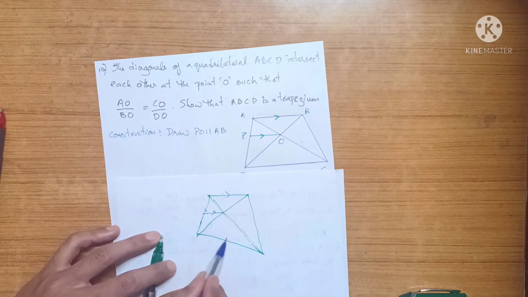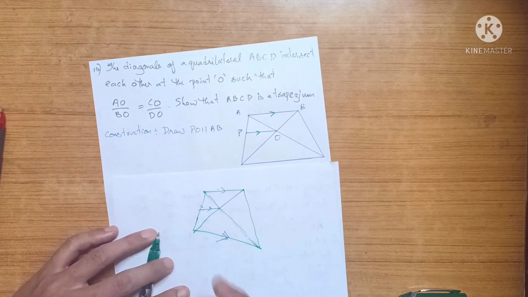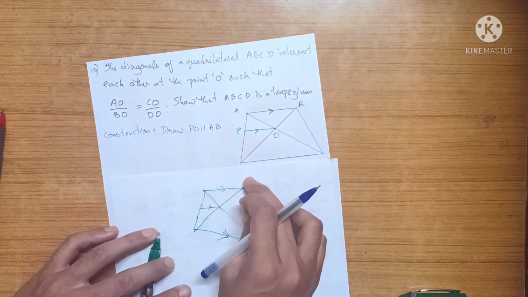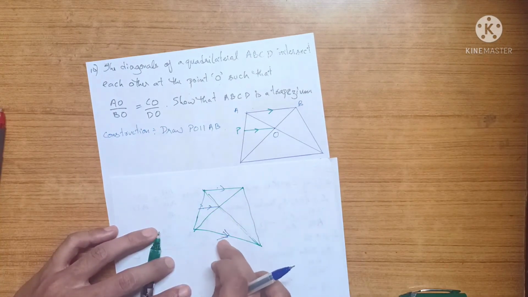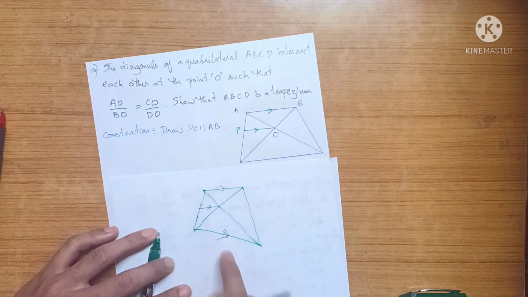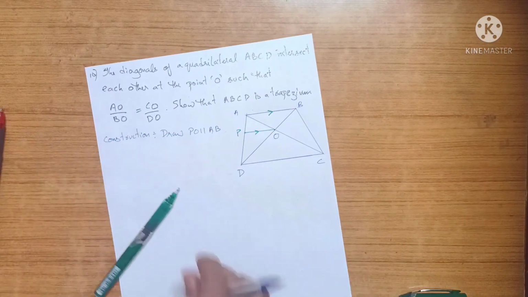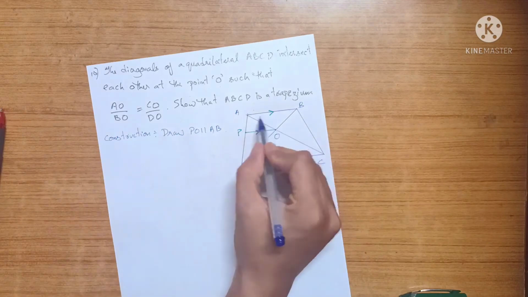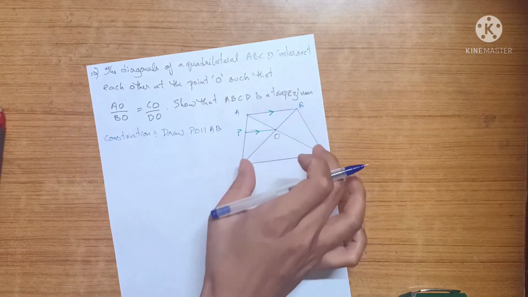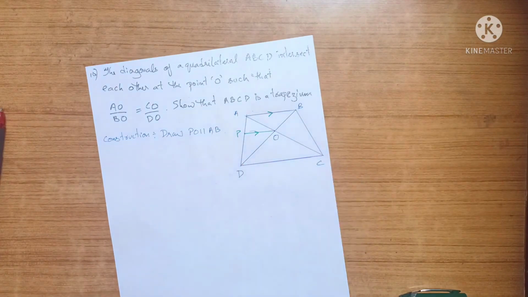This is going like this, this is going like this. So just because I drew this parallel, it doesn't mean this will become parallel to this. Keeping that concept in mind, these two being parallel doesn't mean it is parallel to this.